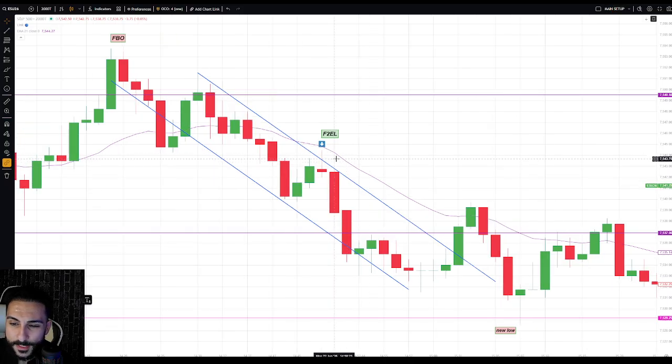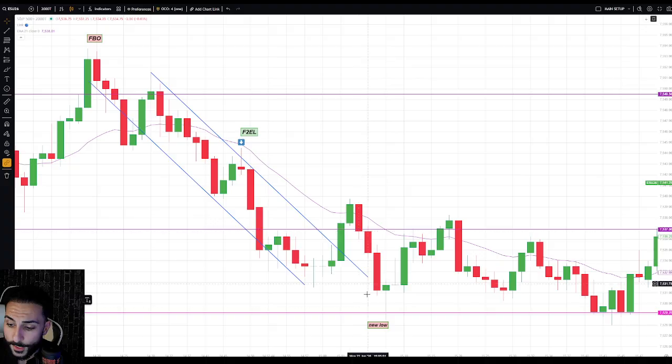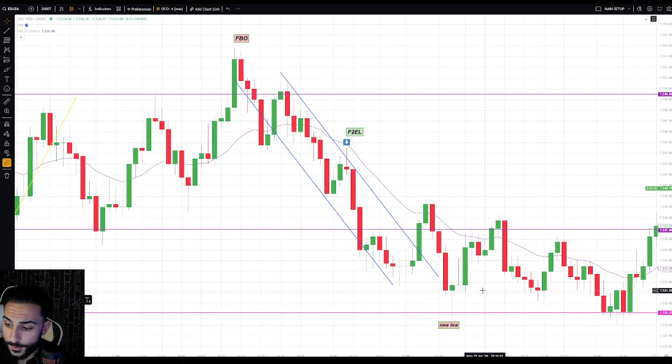The reason being is sometimes the buyers want to test the EMA a little further before the price gets rejected. So usually we just want to see a stronger confirmation, which is a touch of the EMA with a rejection. So we ended up pushing lower and we made a new low for this downtrend.